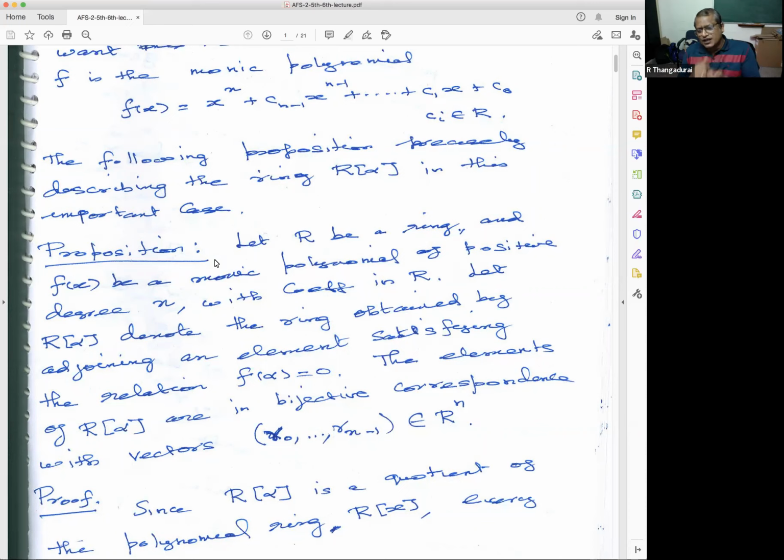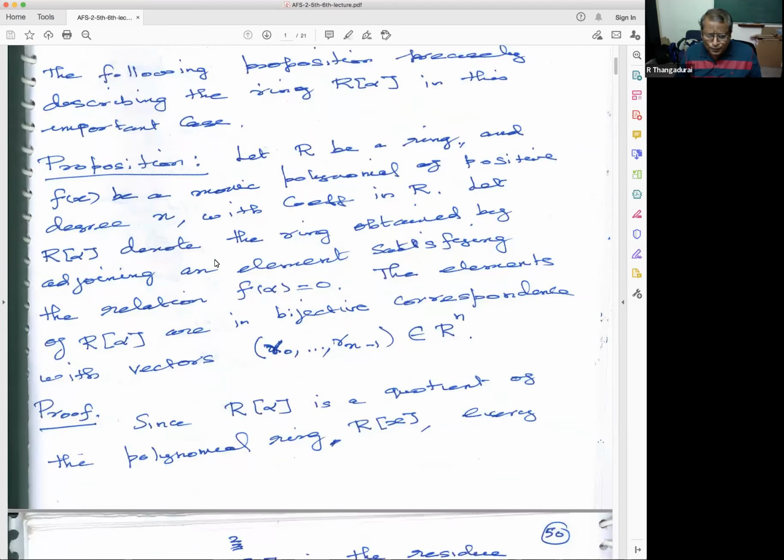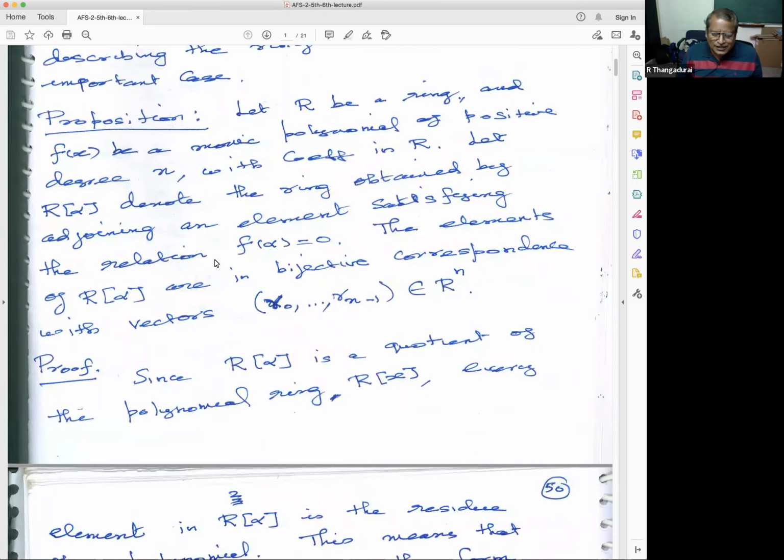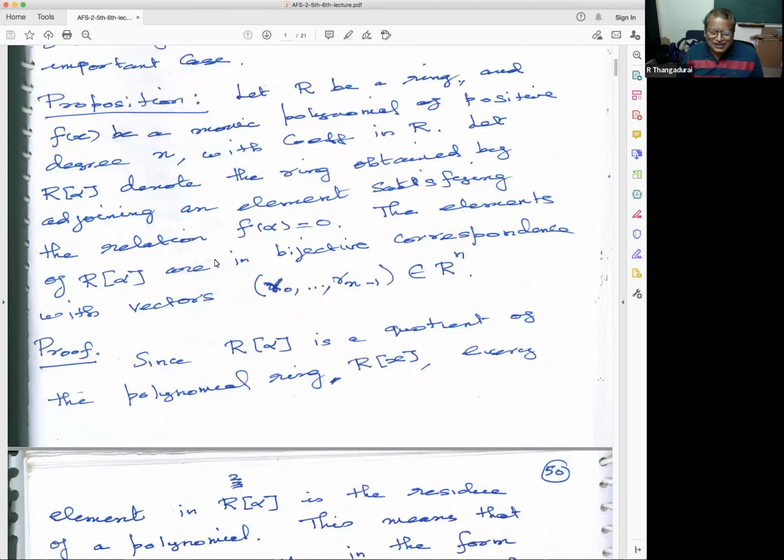Similarly, given any element in R^n, I can get one element of the ring R[alpha]. So the elements are in bijective correspondence with the n-tuples in R^n. This is what we want to prove. This we have already seen in many situations.